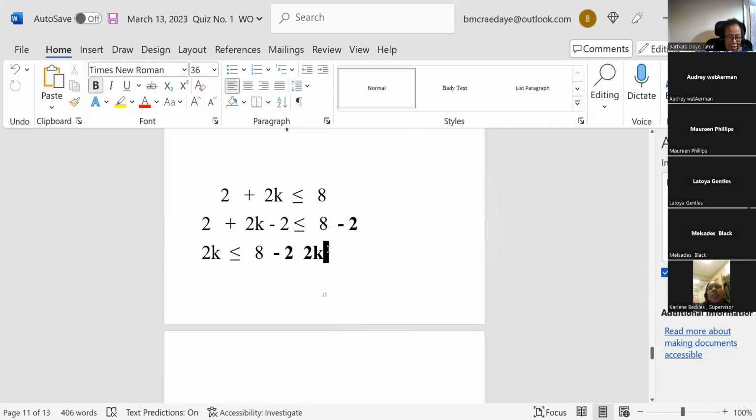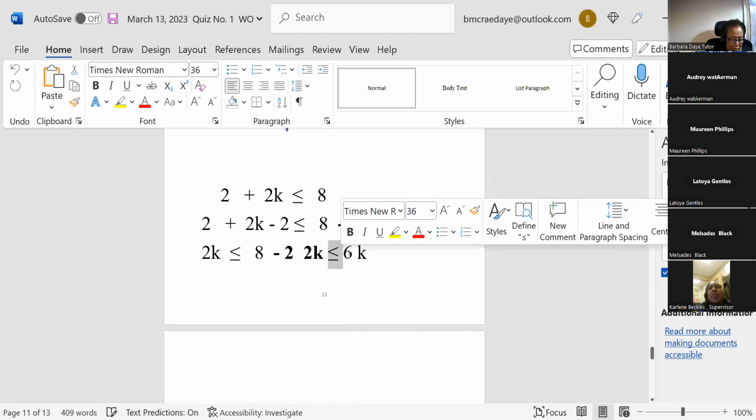That's right, Audrey. Divide the 6 by the 2, and what do you get? You get 3. So k is less than or equal to 3.